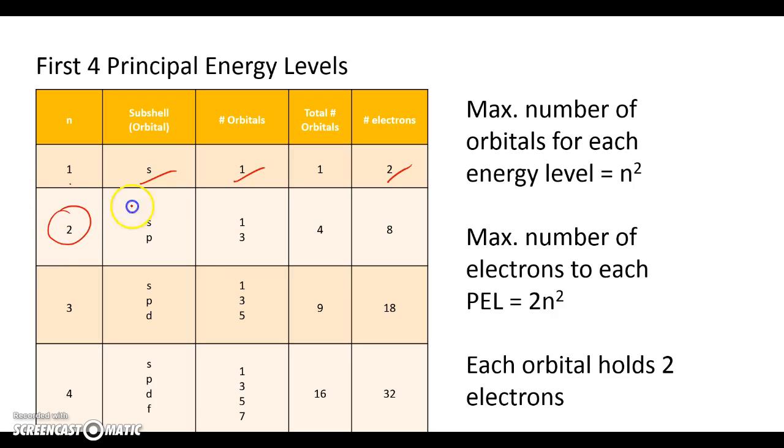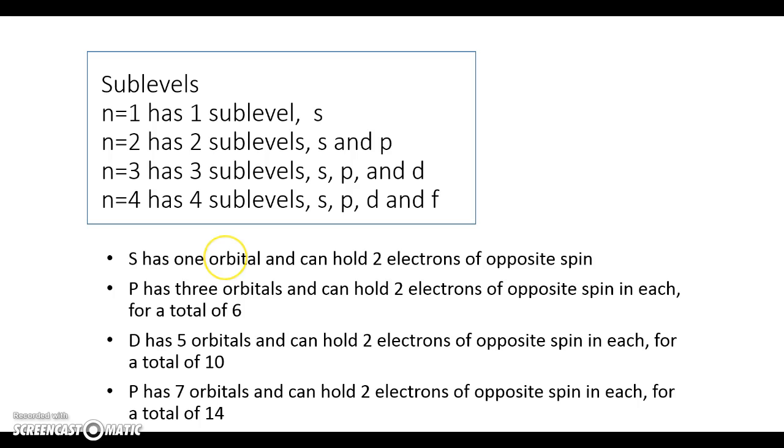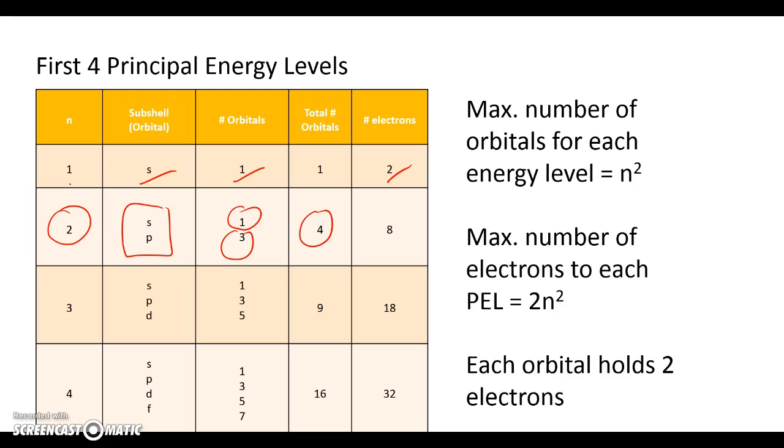Principal energy level 2 has 2 subshells. s has 1 orbital, p has 3, for a total of 4 orbitals, each of which can hold 2, for a total of 8 electrons, and so on.